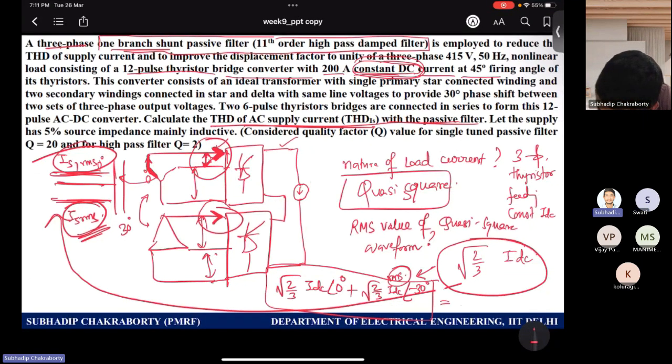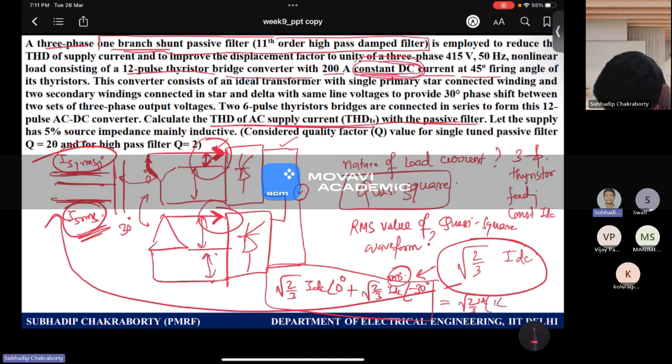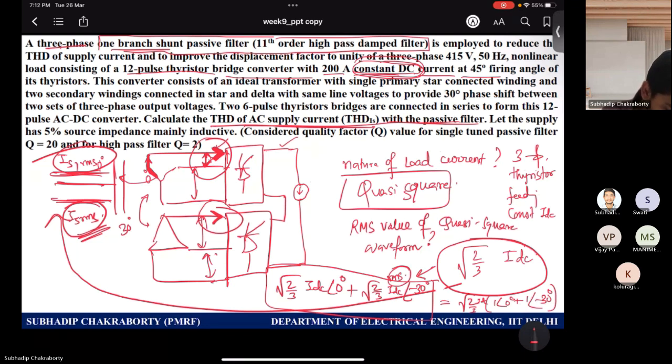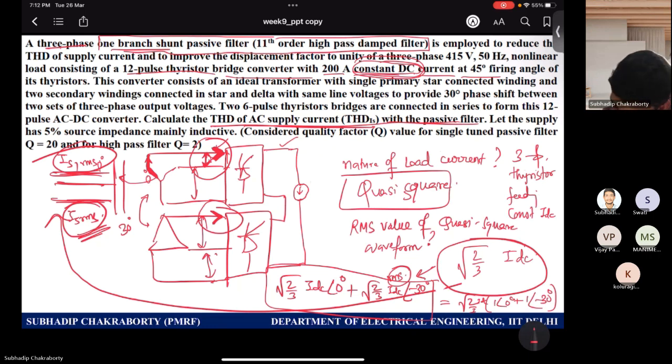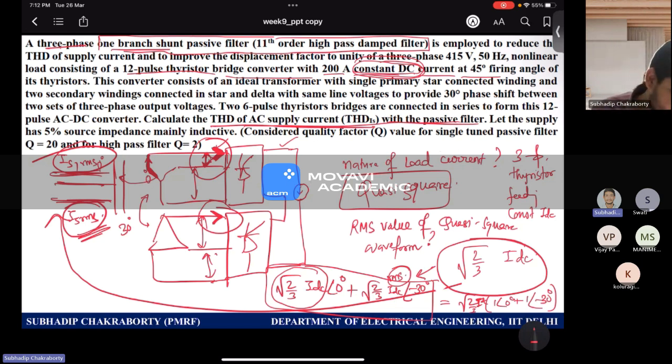You can take root 2 by 3 IDC common, and then you sum up one angle 0 plus one angle minus 30 degrees. What is it coming to?